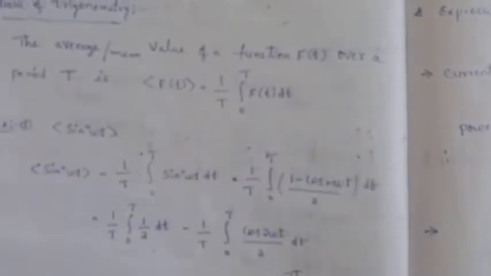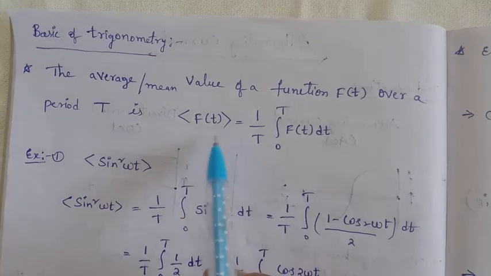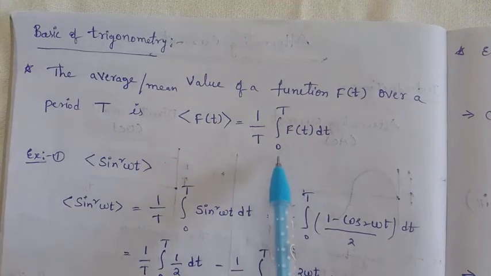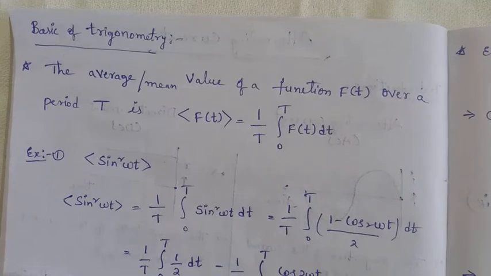It is the formula. The average value of a function f of t over a period is 1 by T integration from 0 to T of f of t dt. It is very important.